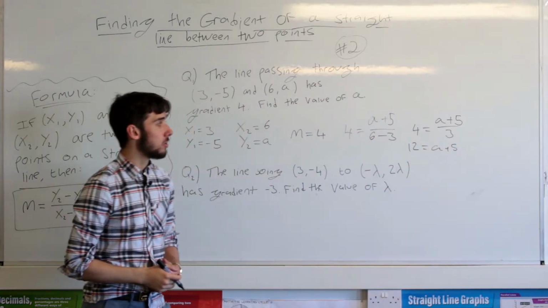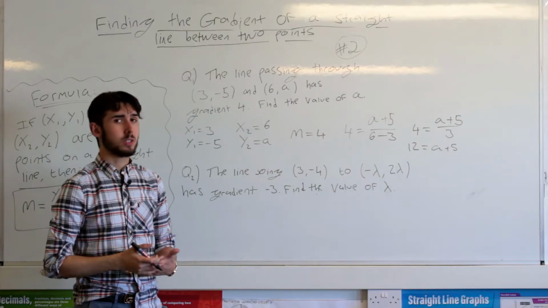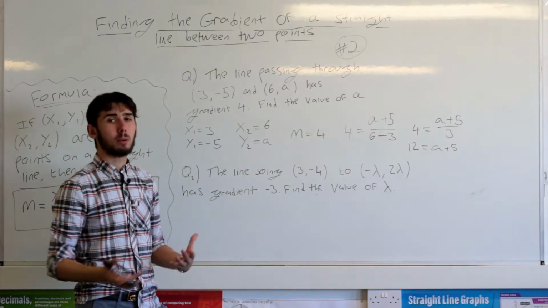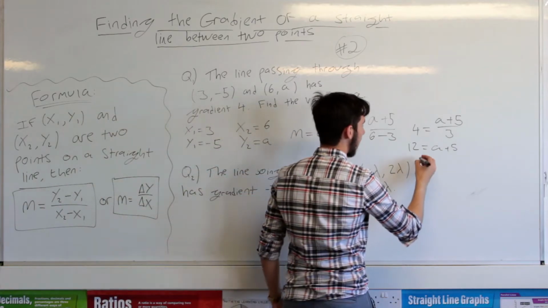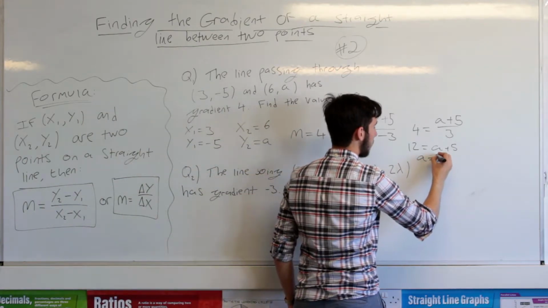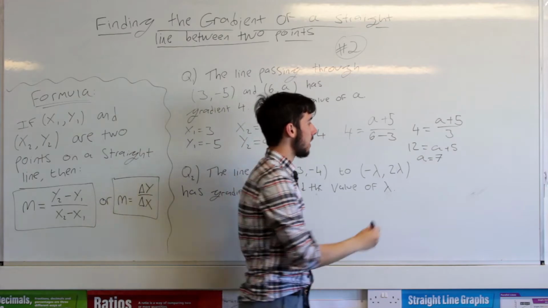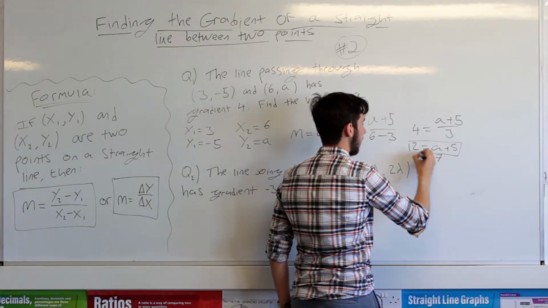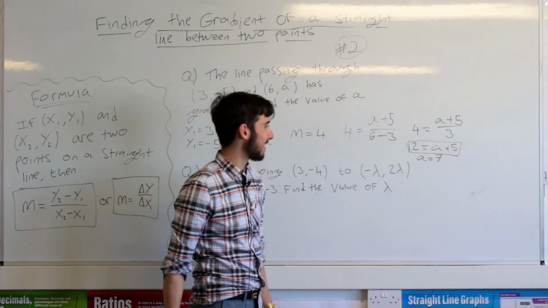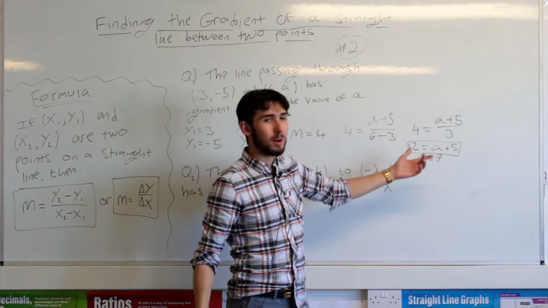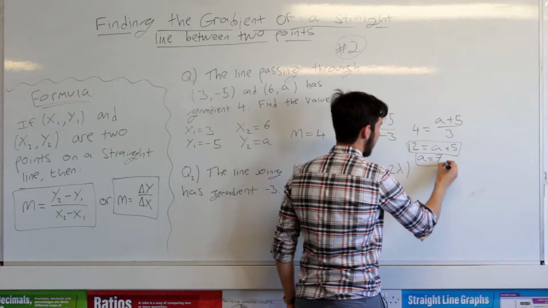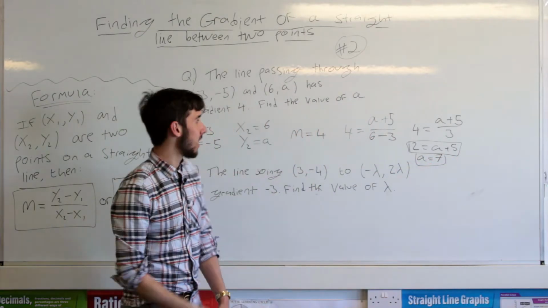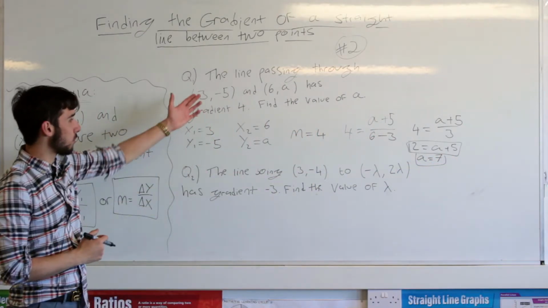And then all we need to do is take 5 away from both sides, because we don't want a plus 5, we want a. So we take 5 away from both sides, and then we get a is equal to 7. At this point you can just look at it and figure it out. What is a? Well, 12 is what plus 5? Well, 7. But if you want to do it the proper way, a equals 7. That's the answer. So for this one, a is 7.